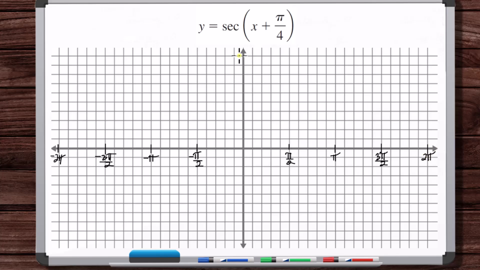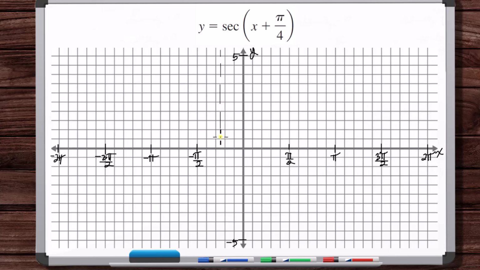Okay, and then we'll do 5. Okay, so secant, so that the main period would normally go from minus pi over 2 to 3 pi over 2, but we're shifting to the left pi over 4, so halfway between the origin and the first major tick mark.